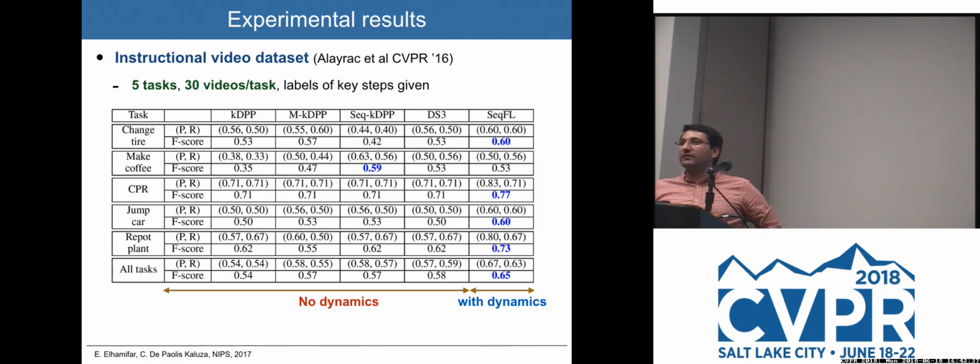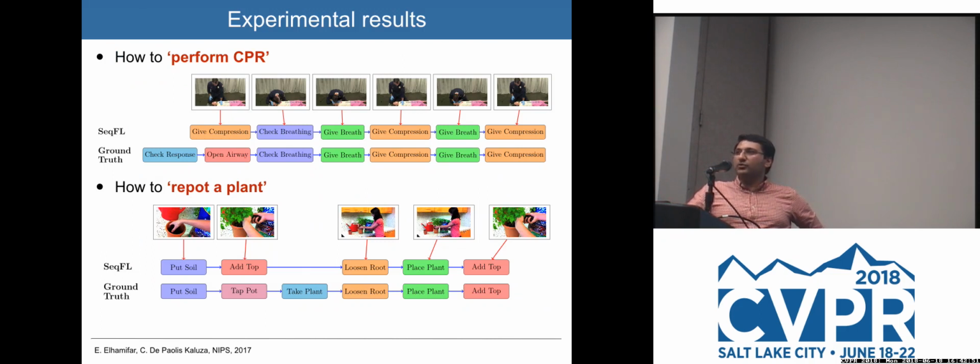This shows exactly the point that we want not only informative keyframes or key segments, but also how they should be performed one after another. These are 2 qualitative results of performing different tasks. The top one is how to perform CPR, showing the result of the automatic method and the ground truth.